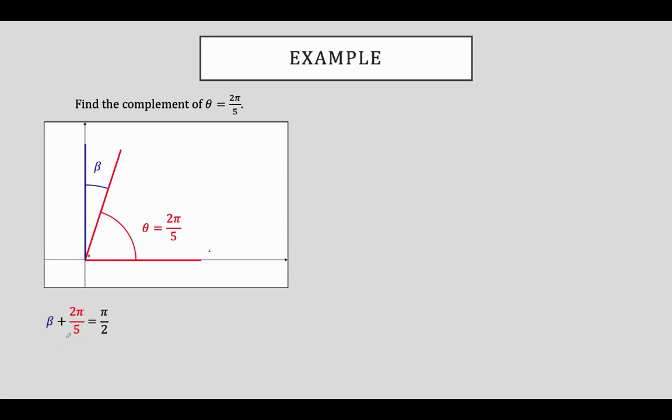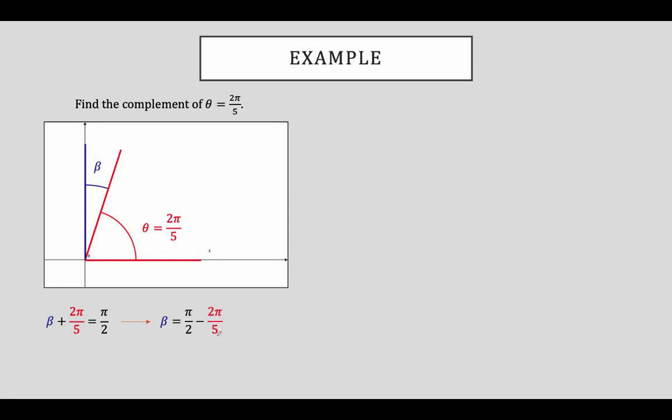That means beta plus 2 pi over 5 must equal pi over 2. We've set up this algebraic equation, and we can now solve for beta by subtracting 2 pi over 5 from both sides of the equation. Beta is equal to pi over 2 minus 2 pi over 5. Subtracting fractions. All we have to do is get a common denominator.